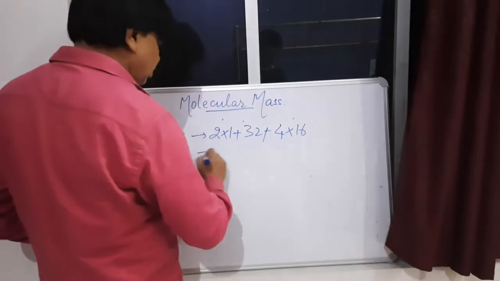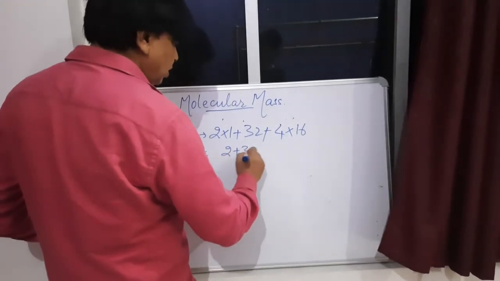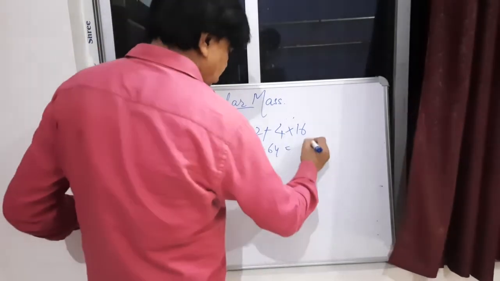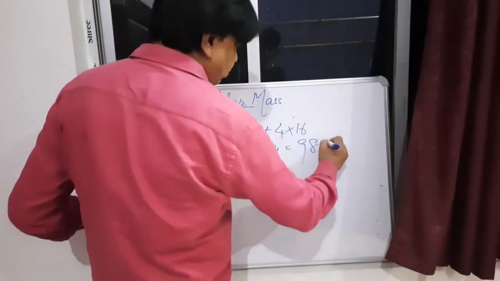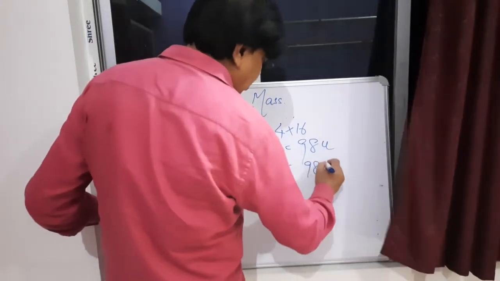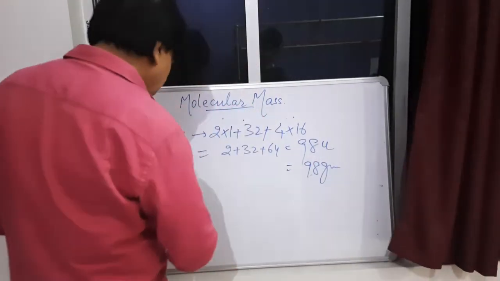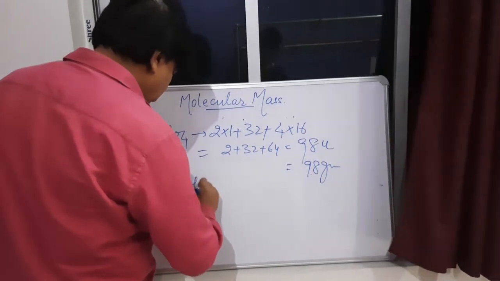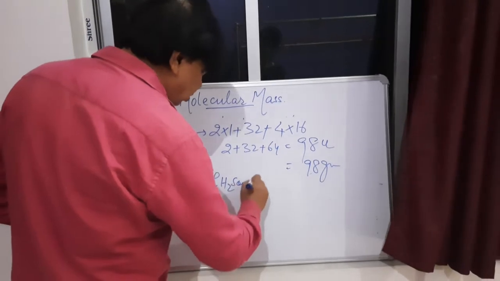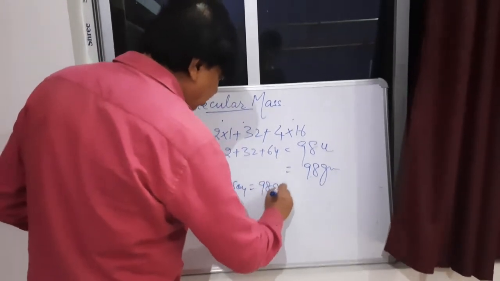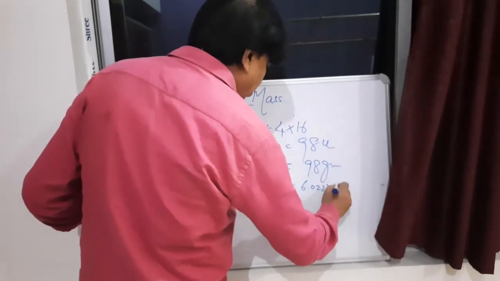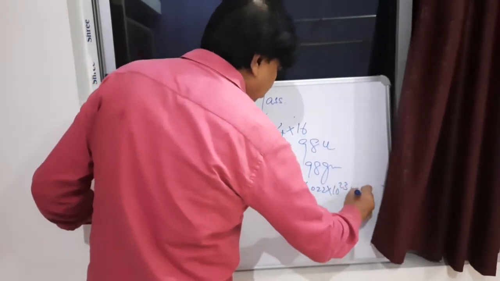Now it is equal to 2 plus 32 plus 64, that is equal to 98 U. Now if it is expressed as gram molar mass, that is 98 gram. So 1 mole of H2SO4 is equal to 98 gram, that is equal to 6.022 into 10 to the power 23 molecules.